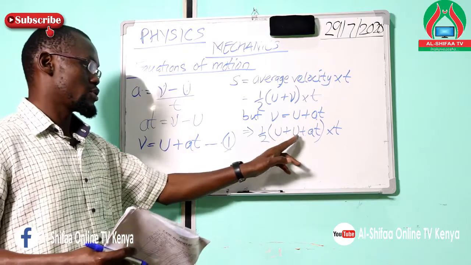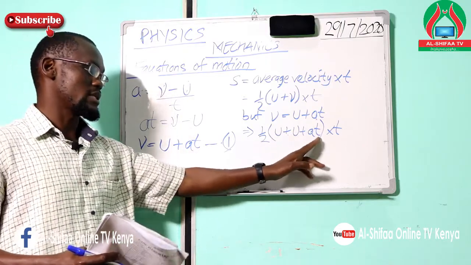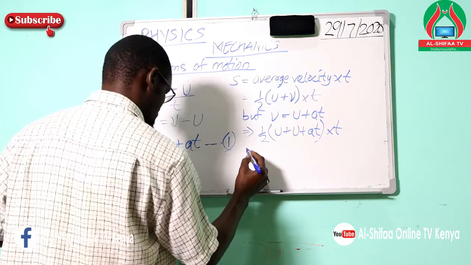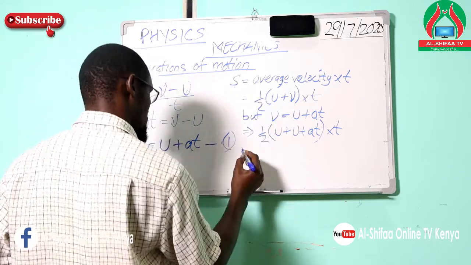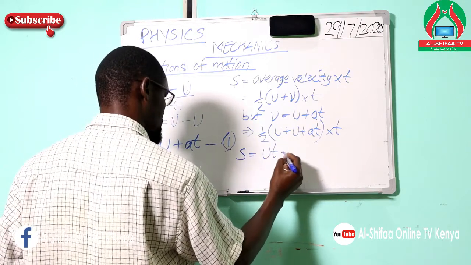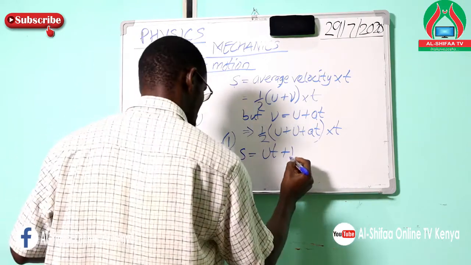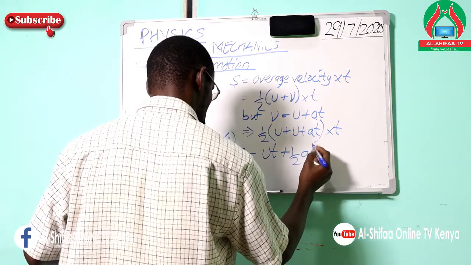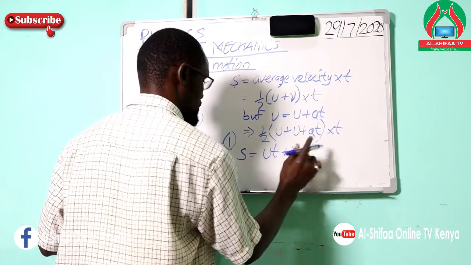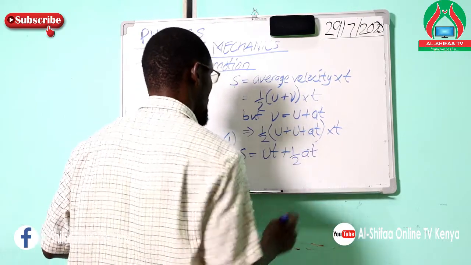So when we add, we get 2u plus at. When we multiply by the outside, we'll get s is equal to ut plus a half at squared, whereby a is acceleration.